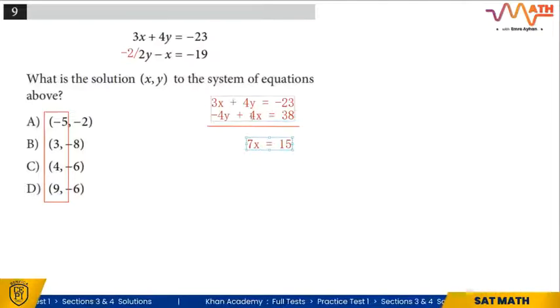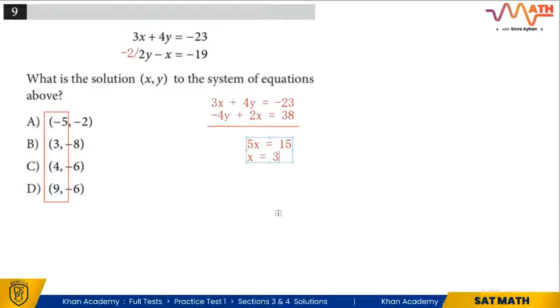But this is not 4x, sorry, this is x. And then this is going to be 5x. And the answer will be x is equal to 3.